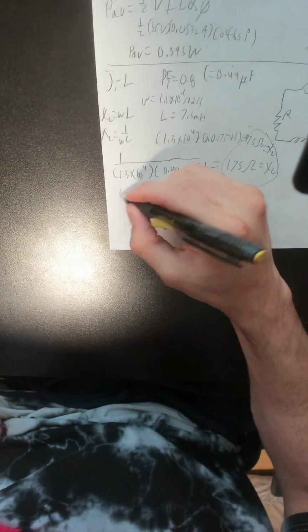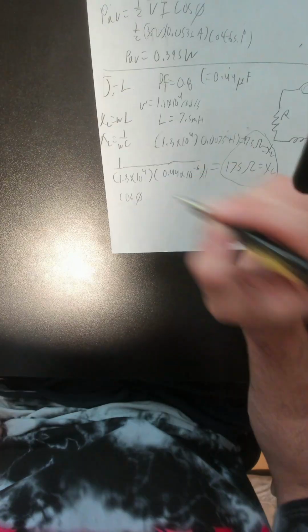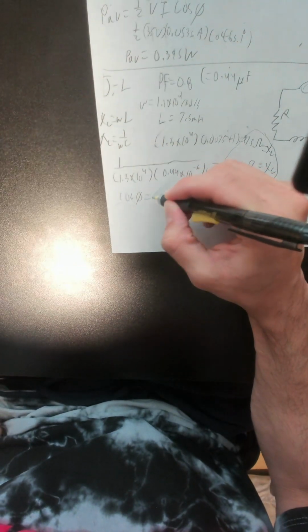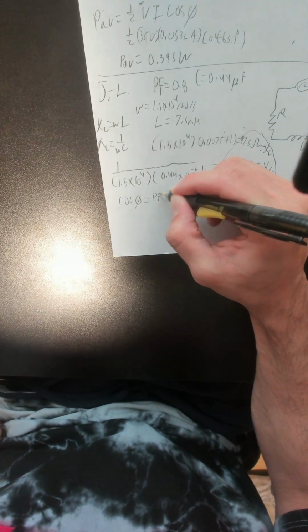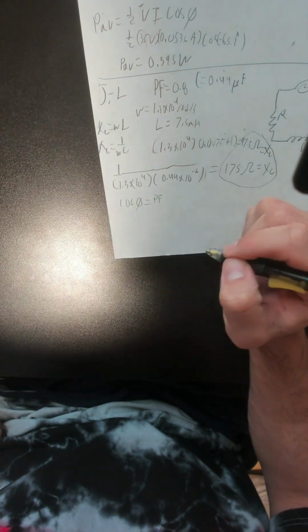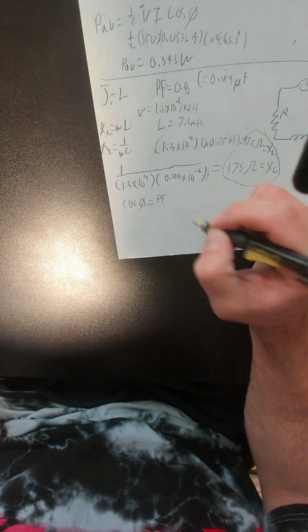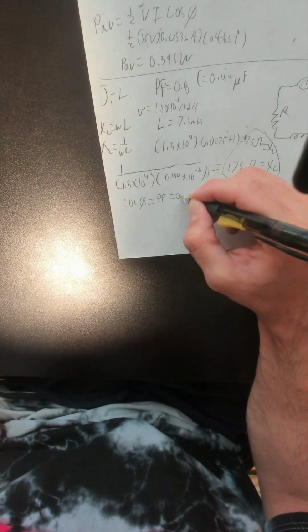Now for part K, we have to find the phase angle. We already have the power factor, so all we have to do is arc cos it. We have cos of the angle equals PF, and our PF equals 0.8.